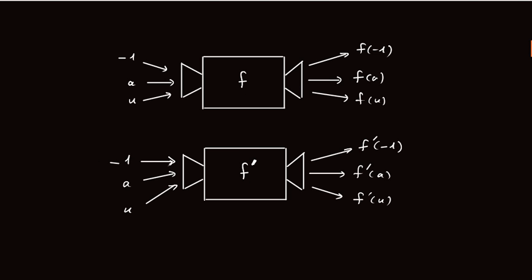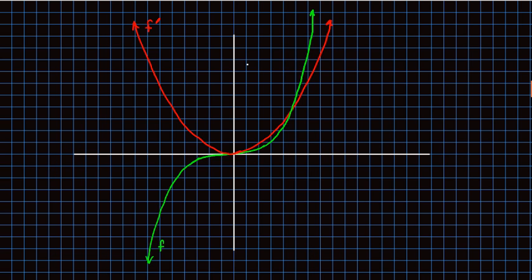Let's see an example of that. Here we have a graph of two different functions. The function f is graphed in green, and the graph of its derivative, f prime, is in red. Now these are very different, but nonetheless they're related because f prime contains all the information about the derivative of f.